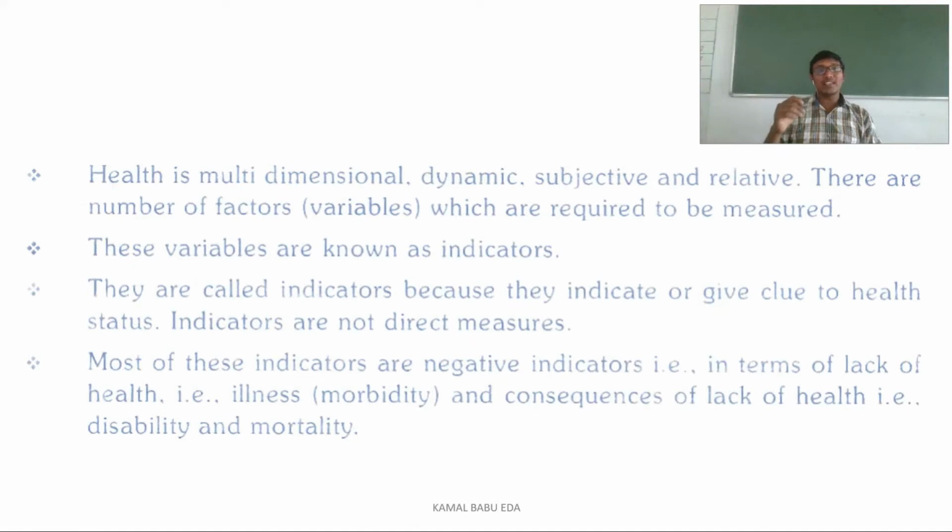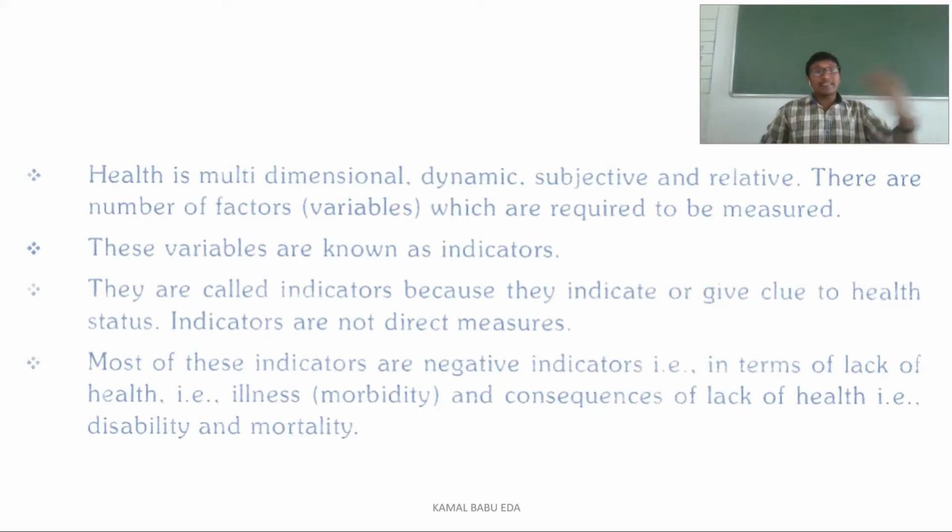So here, health is a multi-dimensional, dynamic, subjective and relative aspect. There are different types of factors that are needed to measure the health of the individual. So the variables that are used to measure the health of the individual are called indicators. So what is an indicator?